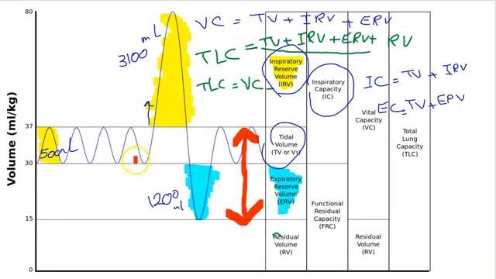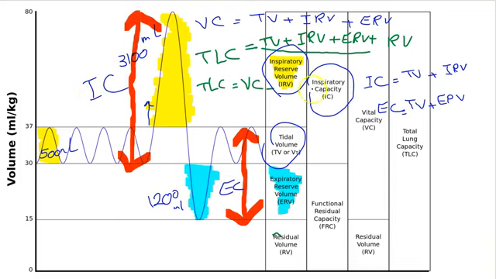The amount of air that we normally and deeply breathe in would be our IC. So we have IC and EC here.